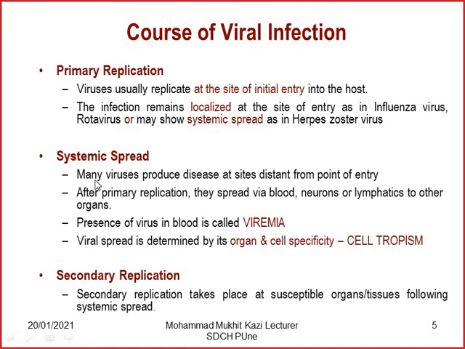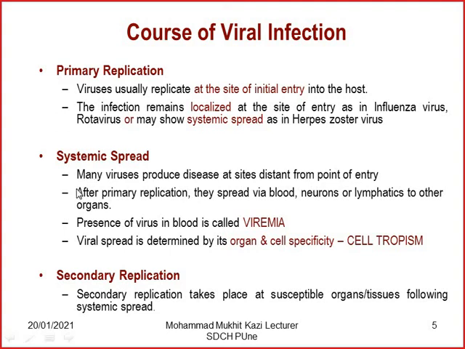And what is the systemic spread? Many viruses produce diseases at sites distant from the point of entry. It means that if the virus has entered through the skin and its systemic spread is to the brain, like in the rabies virus, this is nothing but systemic spread.